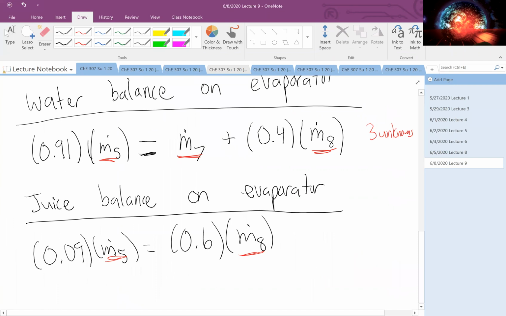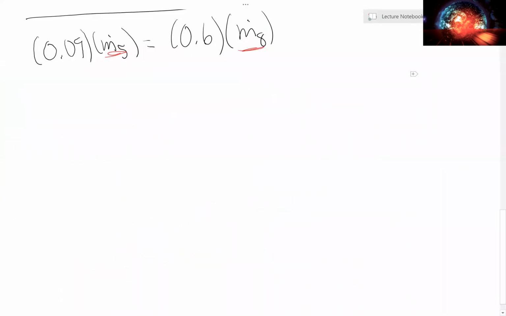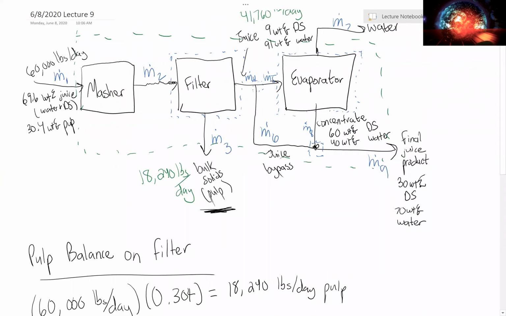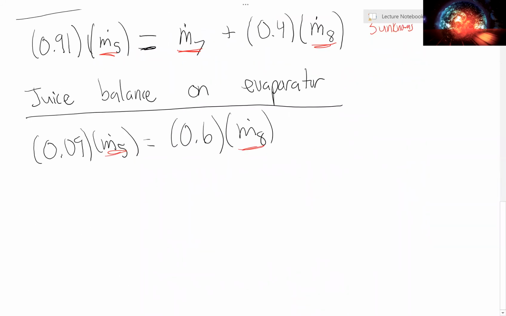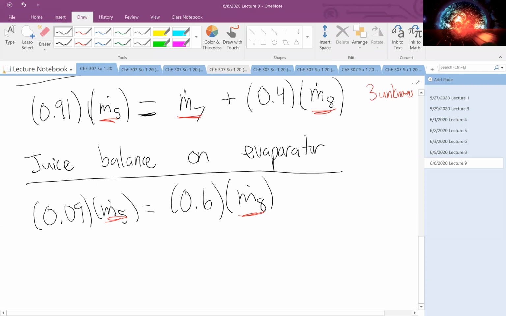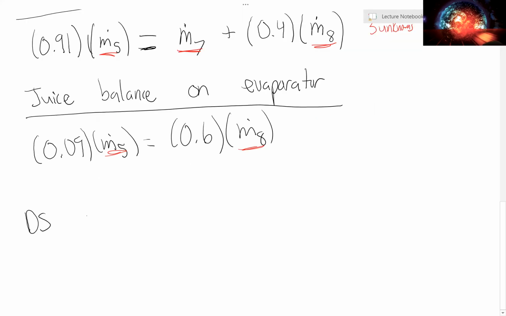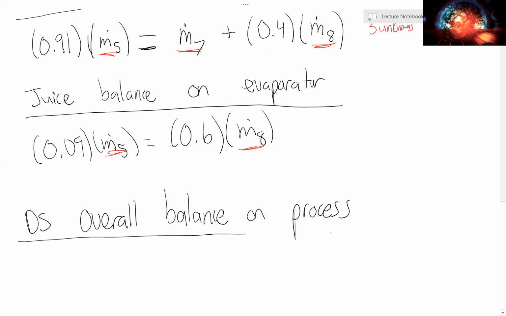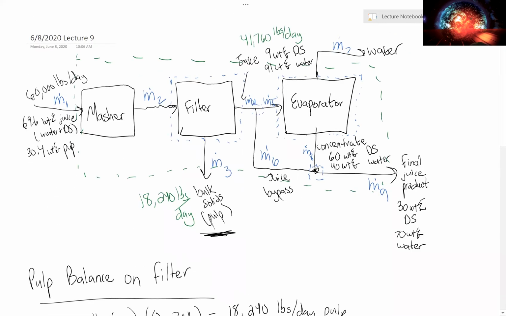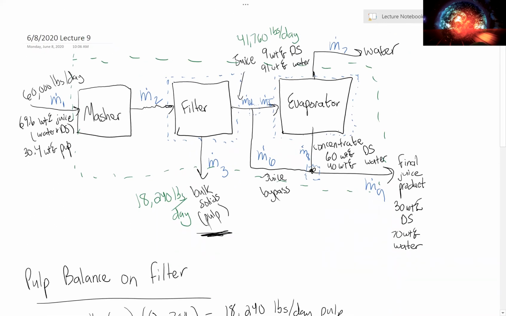So let's look at a particular balance and you'll see why it will really help us. If I do a dissolved solids overall balance on the process, which streams over my process involve my dissolved solids?